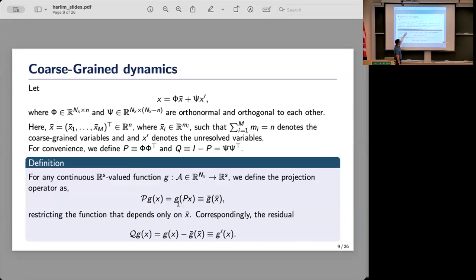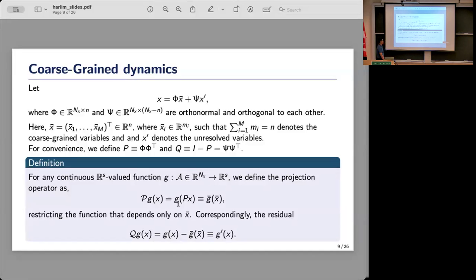For convenience, I'll just denote P and Q as so. Now, independent of this coordinate projection, we will also define a functional projection. For any Euclidean R^S-valued function, or this particular map here, I will define a projection operator: projecting a function G is basically G evaluated at these projections.